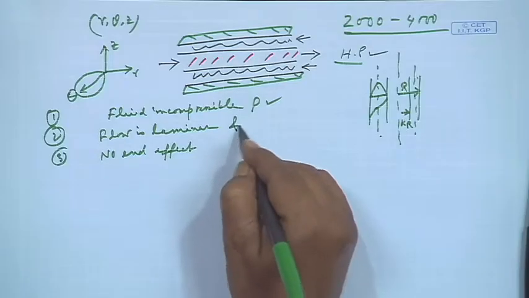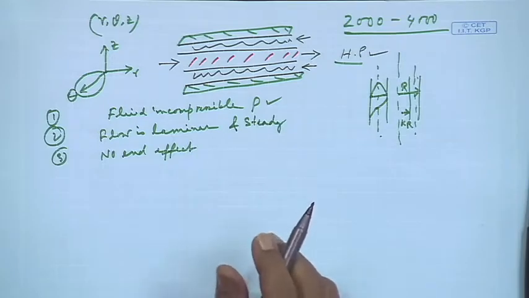At steady state it vanishes, but if it is not steady, then the ∂ρ/∂t term comes in, since the property is not independent of time. But in here we have said the fluid is incompressible, and the flow is laminar and steady.